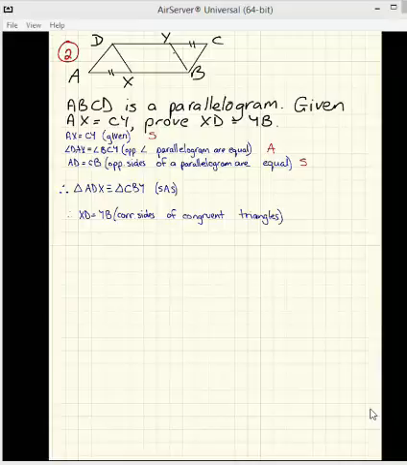That's the sorts of things that we're going to be using our congruent triangle stuff for. You won't often be just asked to prove that they're congruent triangles. There'll be a next step. So if they're congruent, prove that the angles are equal, prove that the sides are equal. Well, they'll be asking you to prove sides or angles are equal, and you'll have to know to go back and do the congruent triangles to prove that.